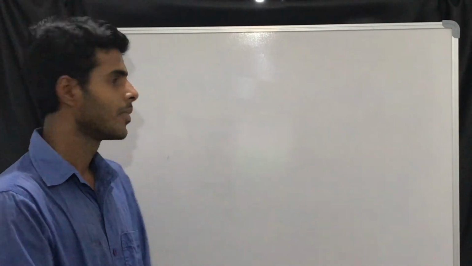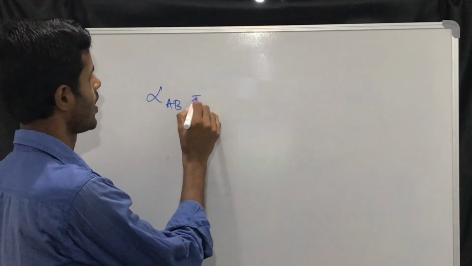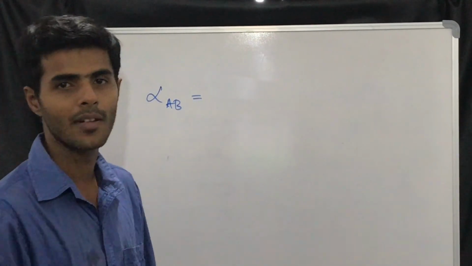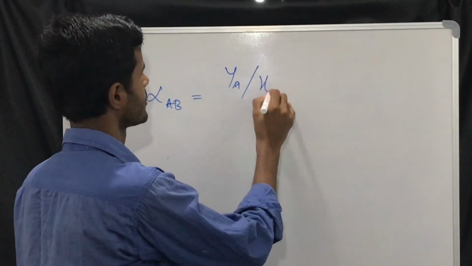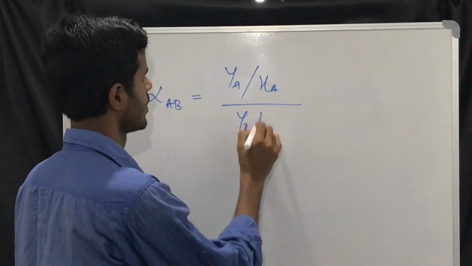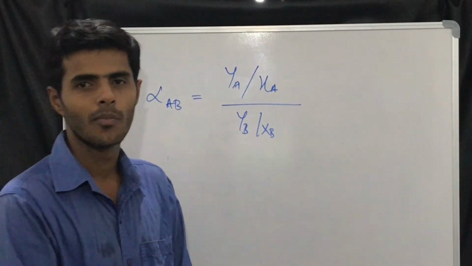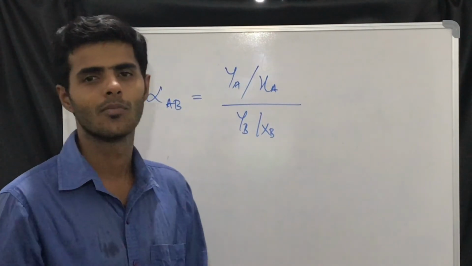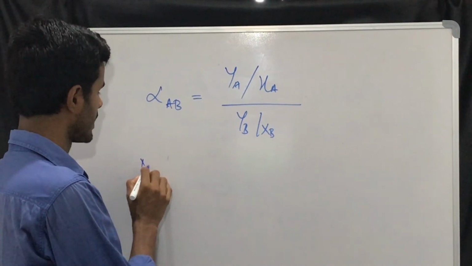Relative volatility can be expressed for two components A and B as alpha AB equals (YA divided by XA) divided by (YB divided by XB), where Y is the mole fraction of the component in the vapor phase and X is the mole fraction of the component in the liquid phase.